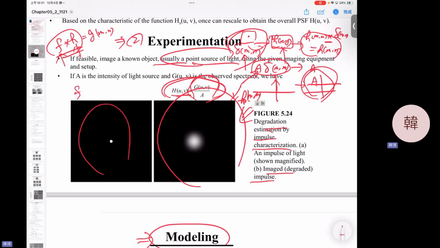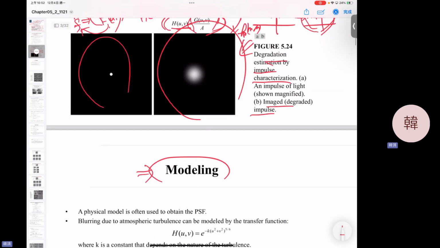You just take your observed image divided by H(u,v) here, and you get this estimate, and then inverse transform, you get the restored image immediately. So HMN is the most important issue we are going to discuss. What's the HMN in your imaging system? If you don't know it, try to observe, try to evaluate, try to experiment.